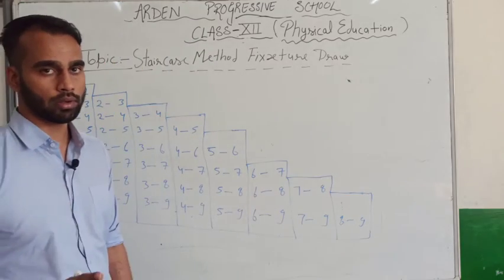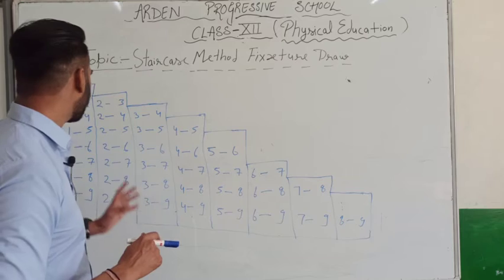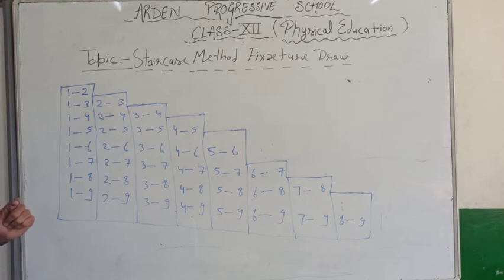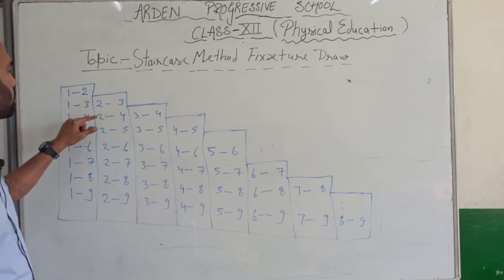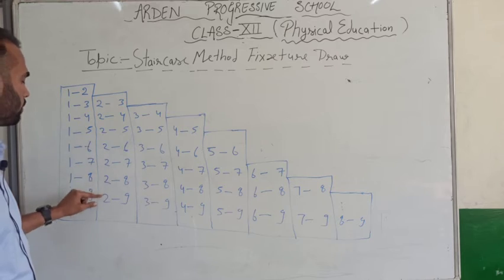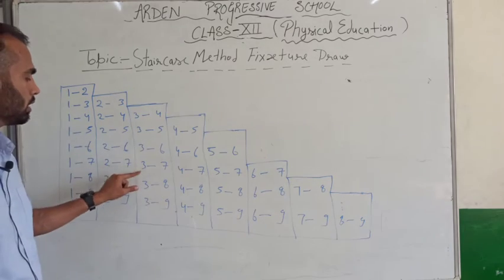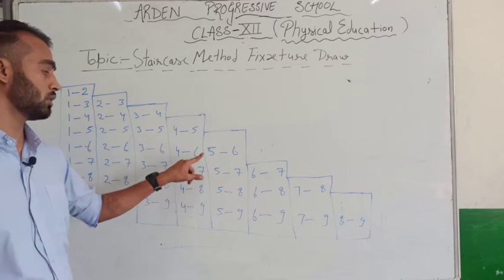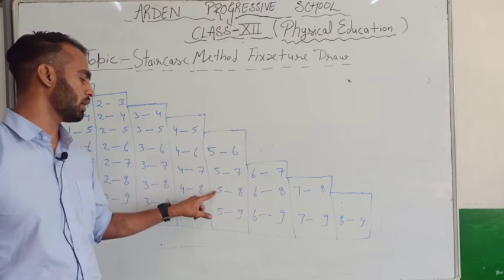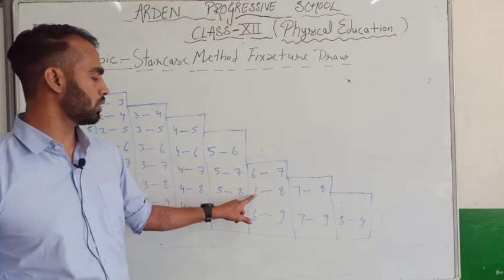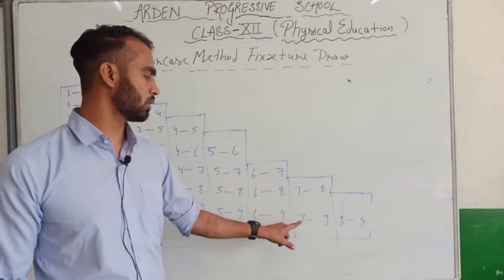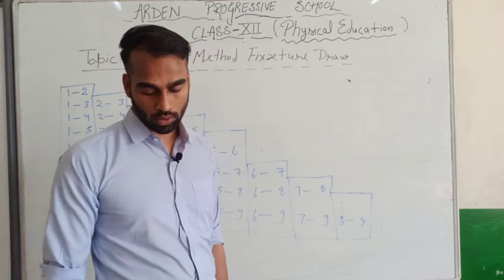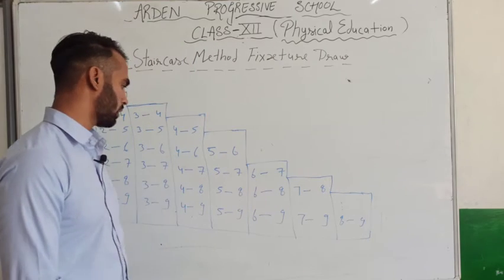One more thing, we again check how many matches are going. So we count 1, 2, 3, up to 35 and 36.